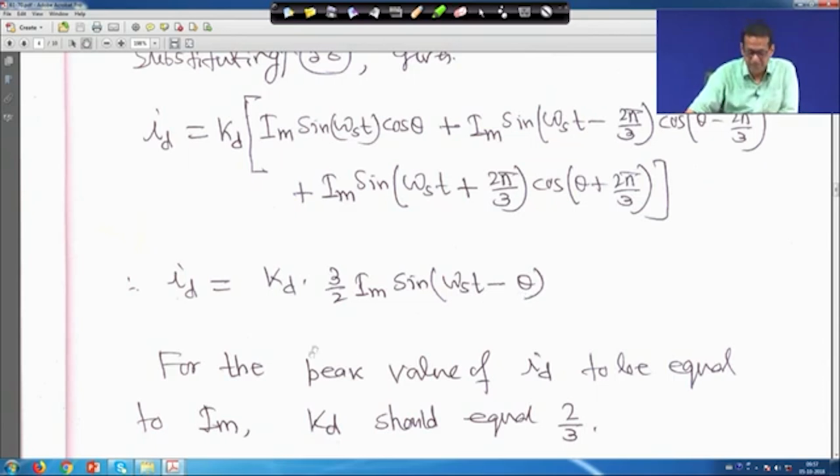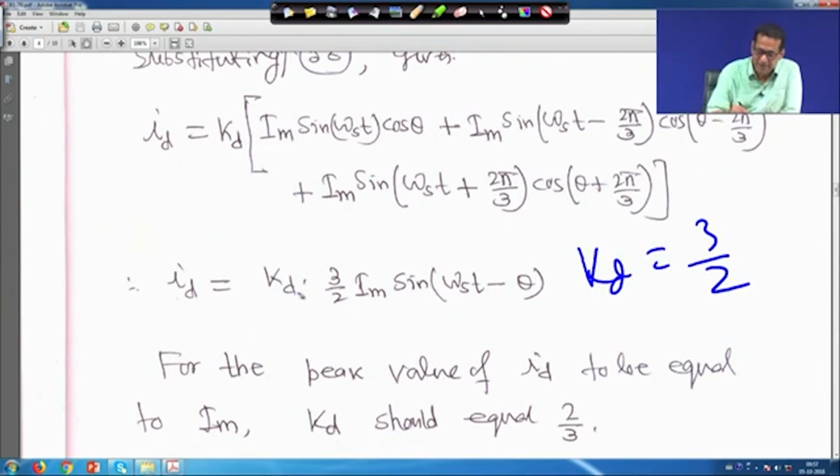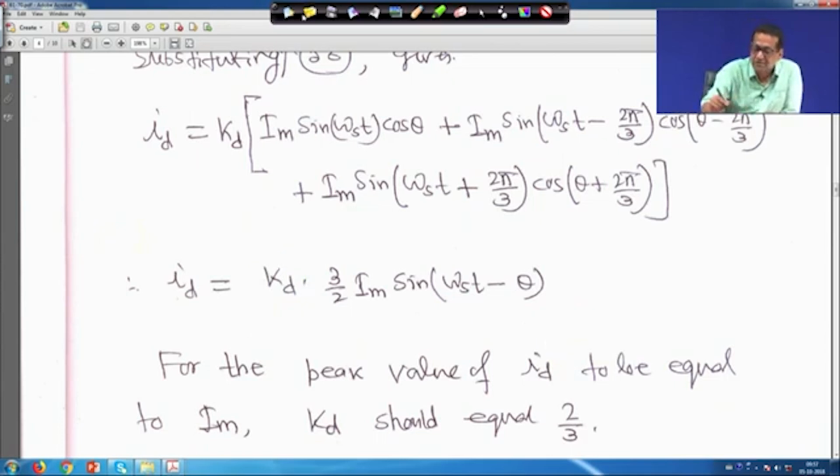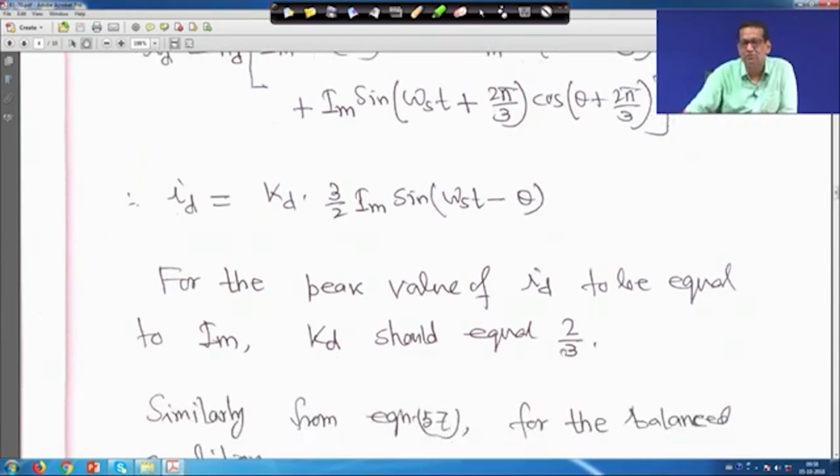So if you choose kd equal to 2 by 3, then this product will be unity, 2 by 3 into 3 by 2. Therefore id will become Im sin(omega s t minus theta). So for the peak value of id to be equal to Im, kd should be equal to 2 by 3.